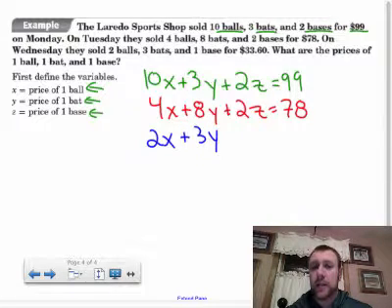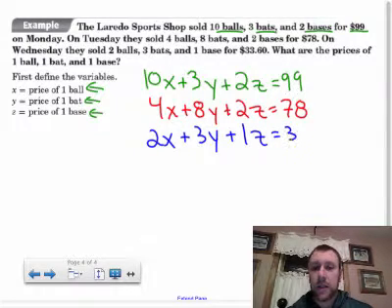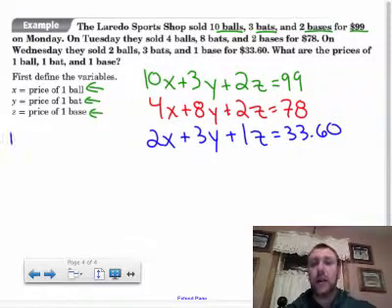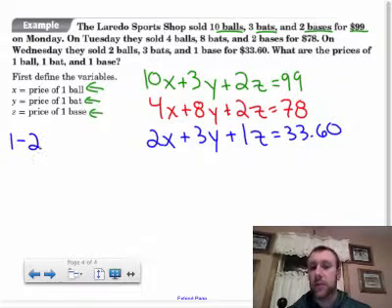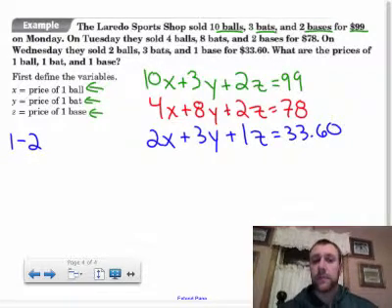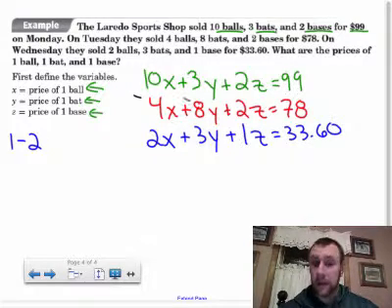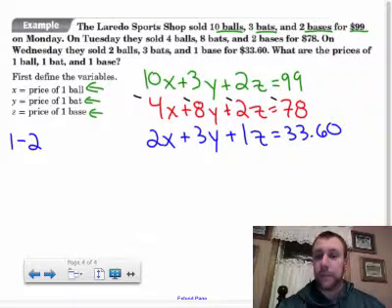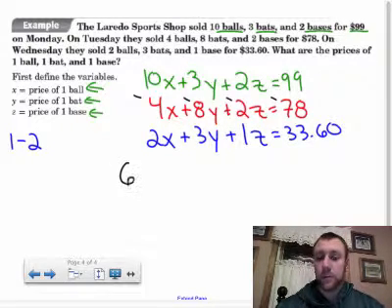Now the trick is to eliminate. One of the first things I'm going to do is I need opposite signs on something. Now I can multiply any of these. I'm going to choose the easiest one. So I'm going to try to eliminate the first two. I'm going to take the first equation and subtract the second equation, or change the signs of the second equation, because there's a 2z and now a negative 2z. So we're going to create a new equation, 6x minus 5y equals 21.